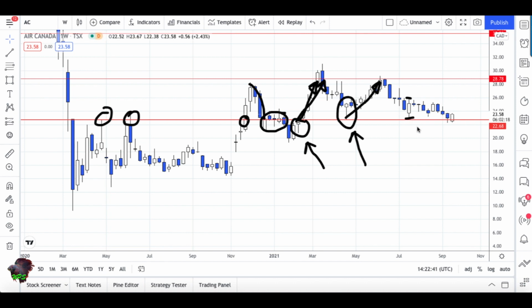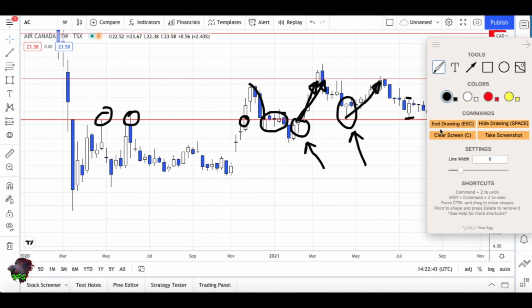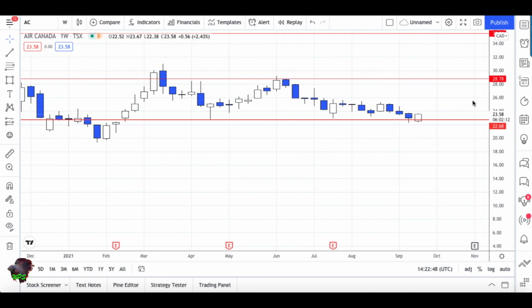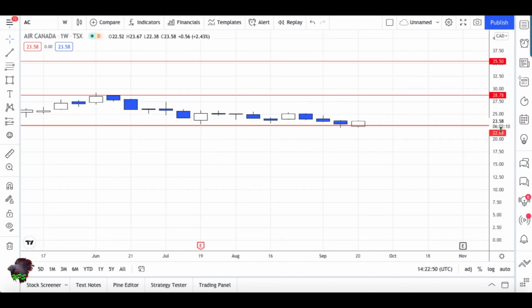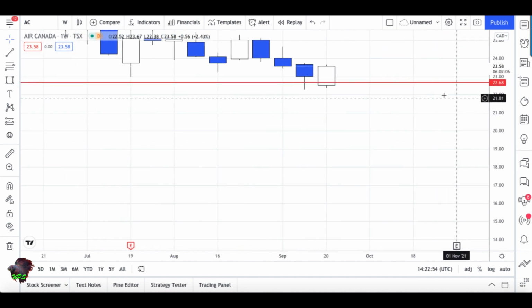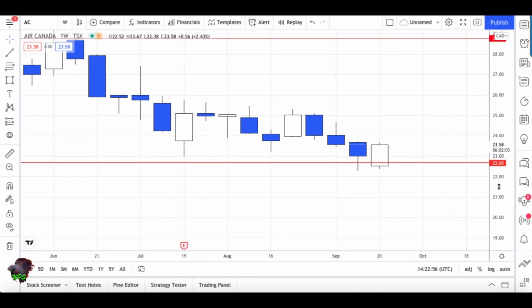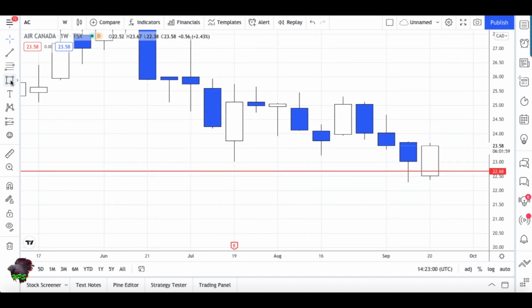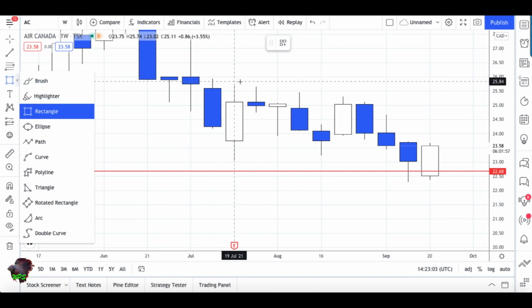So I'm going to make this more clear for you. Take a look at this. All right. So this is what I see here, what's happening right now. So on the monthly chart, we did this.